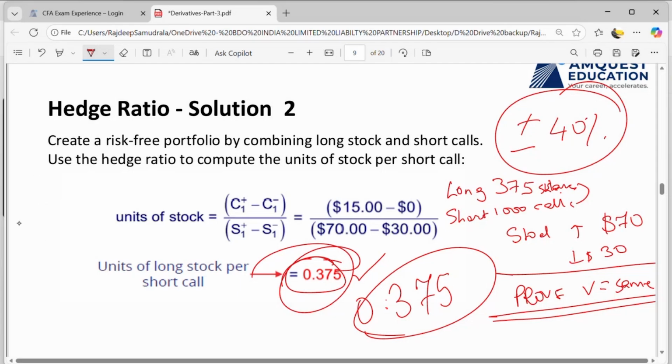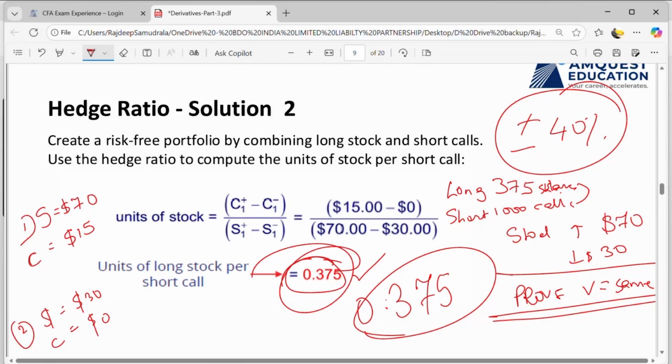In the first scenario, the stock became $70 and therefore the call is worth $15. In the second scenario, the stock became $30 and the call is worth only 0. Now compute the answer.